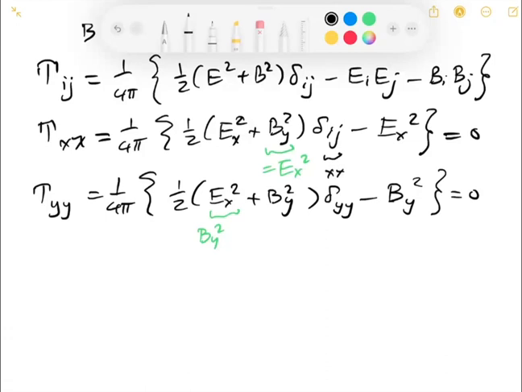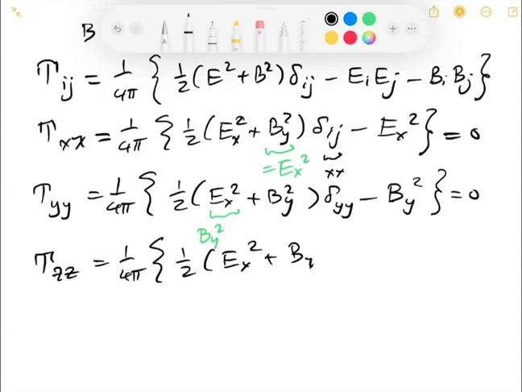All right, so let's look at Tzz. All right, Tzz, 1/4 pi. Okay, here we go. This is 1/2. And now this is going to be Ex squared plus By squared. And this is delta zz, which is 1.